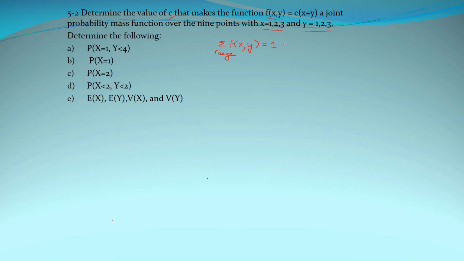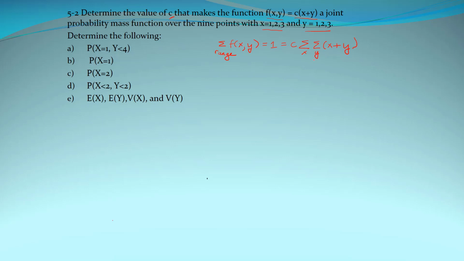If we want to, we can write this out a little bit more specifically. Looking at this function exactly, c times the summation over all the x's and over all the y's of x plus y has got to be equal to 1.